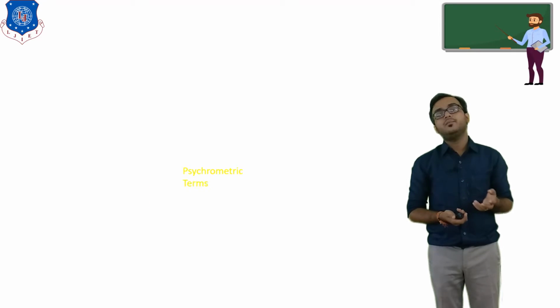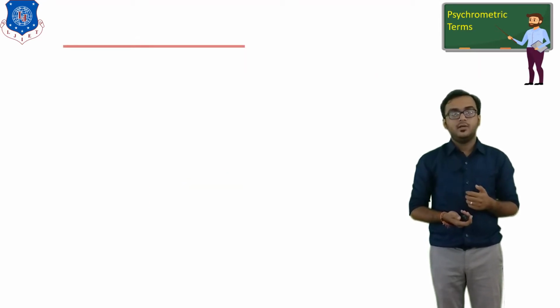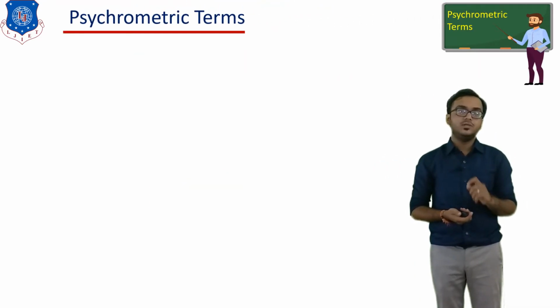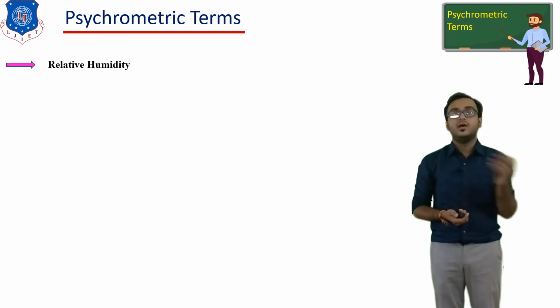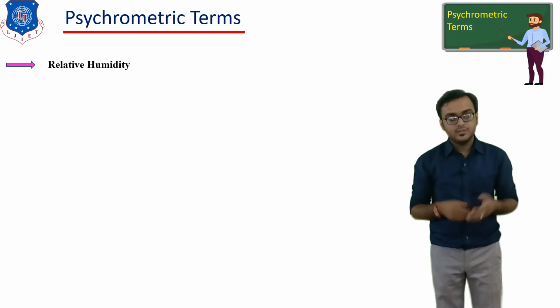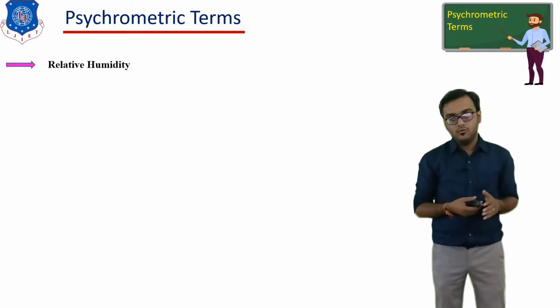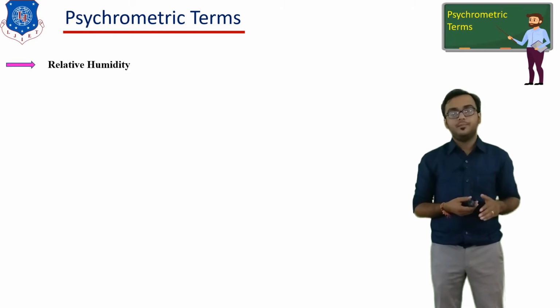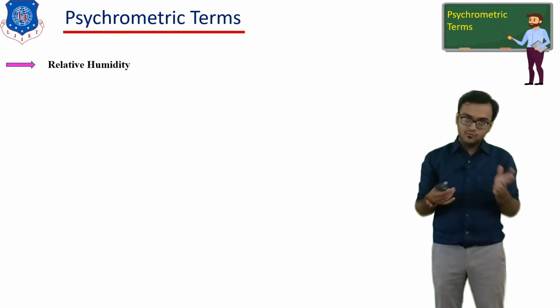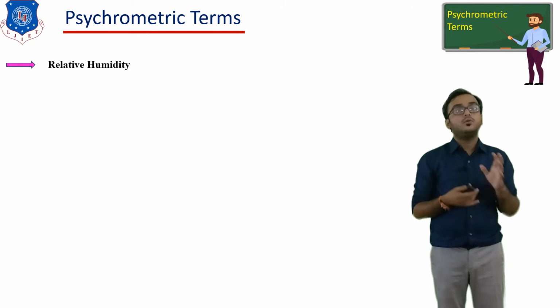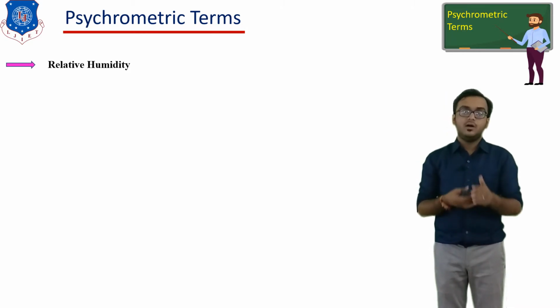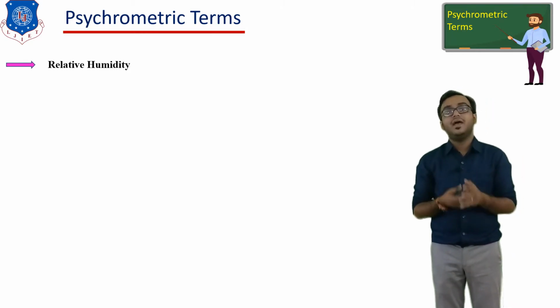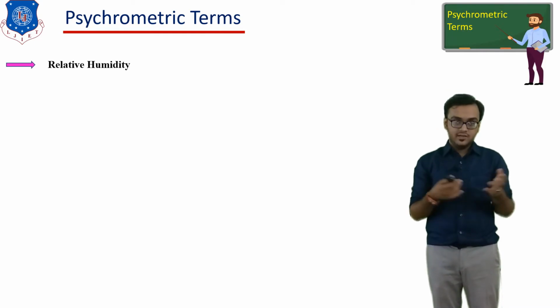So what do we mean by relative humidity? Here we have the word relative. Relative means with respect to something else. So relative humidity is the ratio of the mass of water vapor present in a given volume of air to the maximum amount of moisture that air can handle in a given volume.